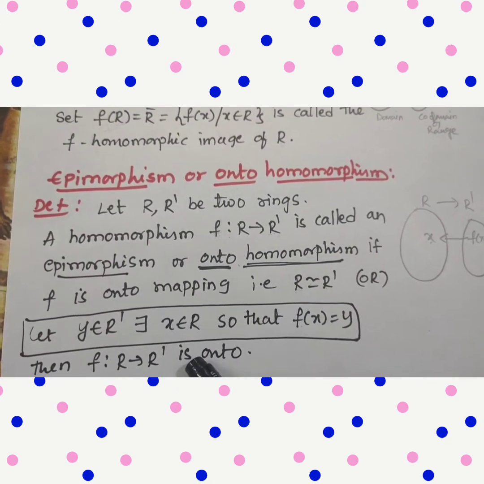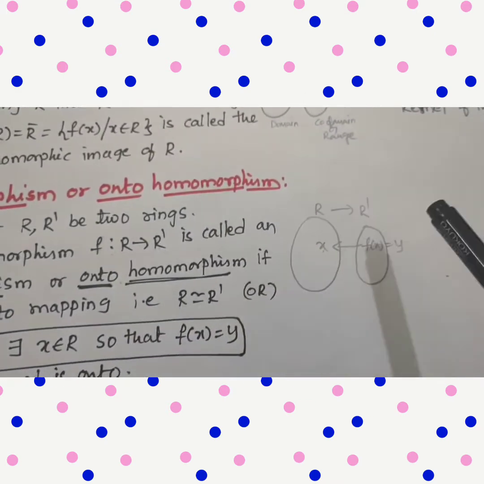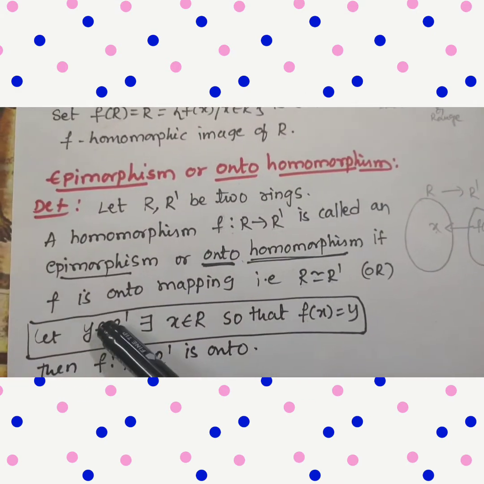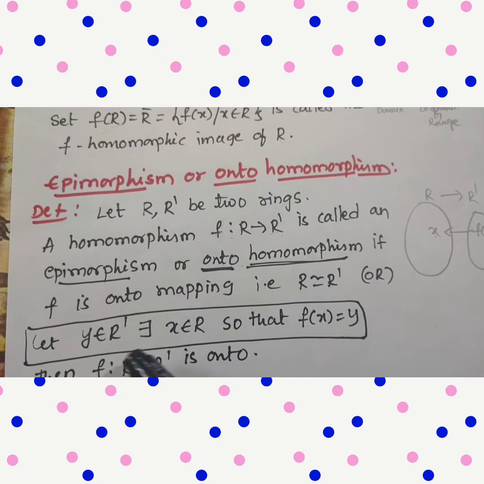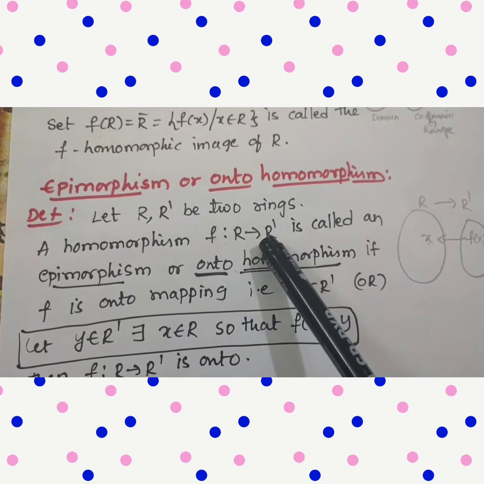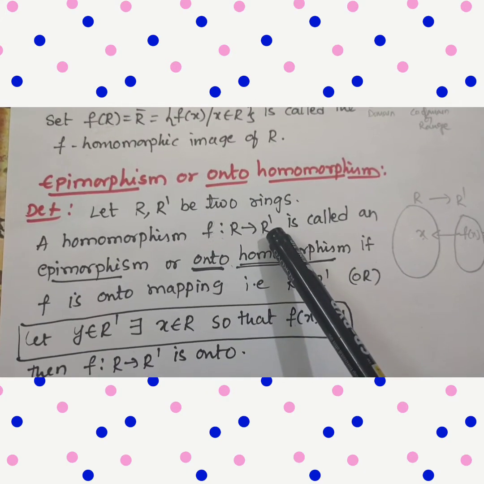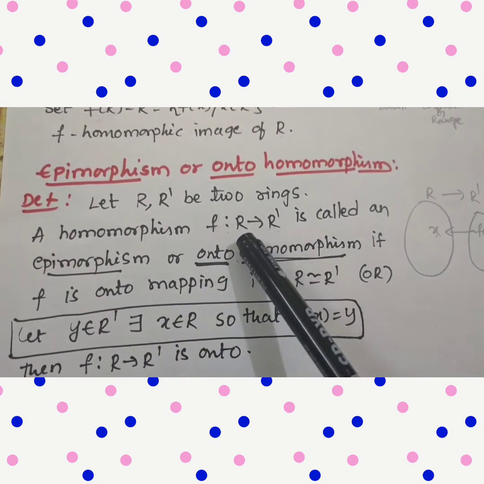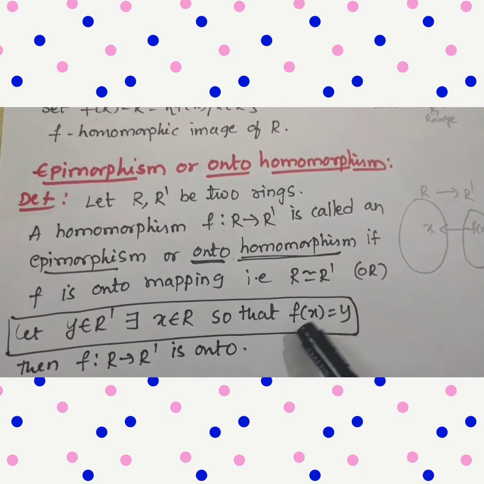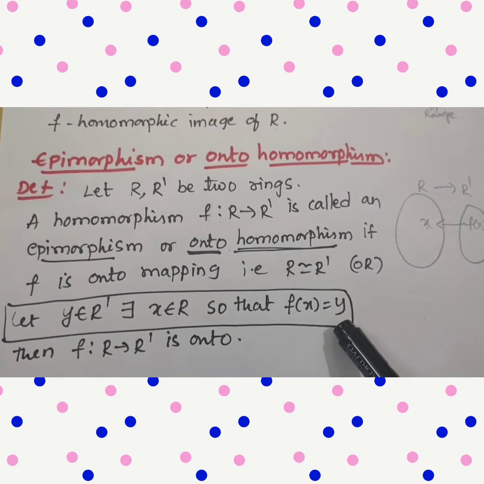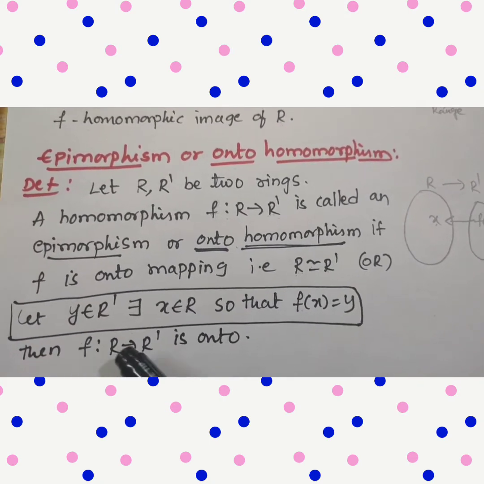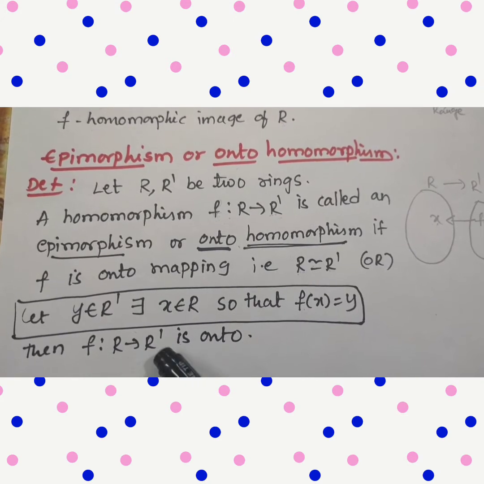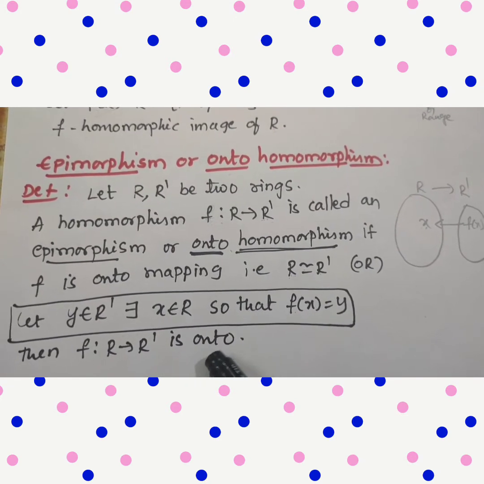For any element y which belongs to R dash, there must exist an element x in R such that f of x is equal to y. Then we can say the mapping defined between these two sets is called onto mapping.